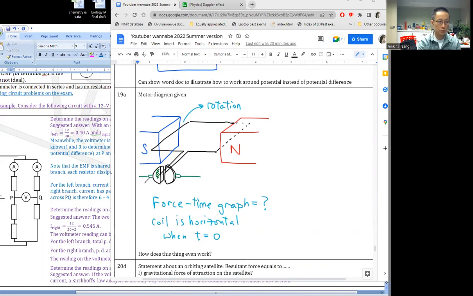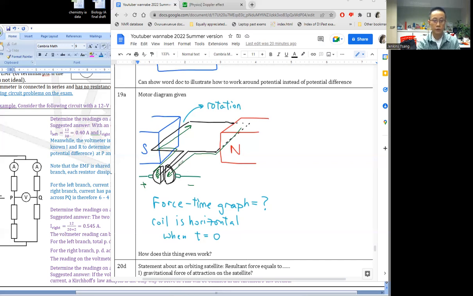The left terminal and the right terminal are maintained at, say, positive and negative, perhaps. And what happens is that the current is fed into the coil like this. It will return, and then after the coil has undergone some rotation, maybe half a rotation, the semicircular parts called the split ring commutator will make contact with the opposite terminal.